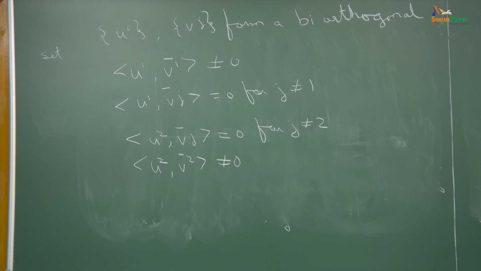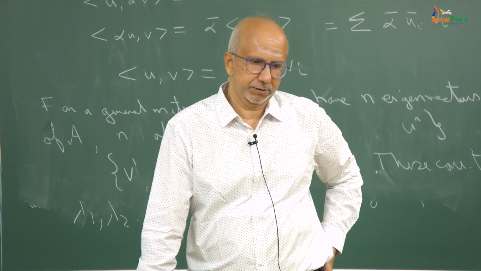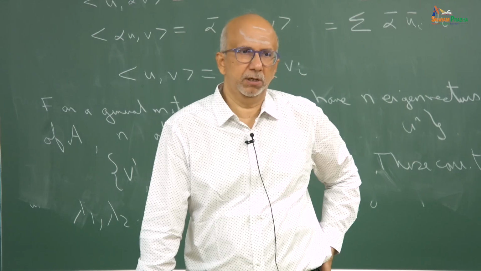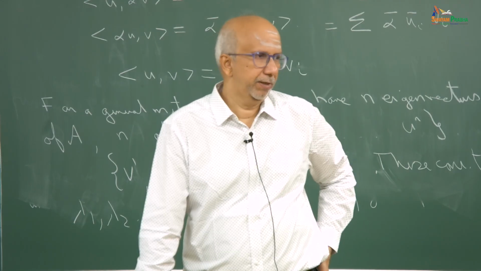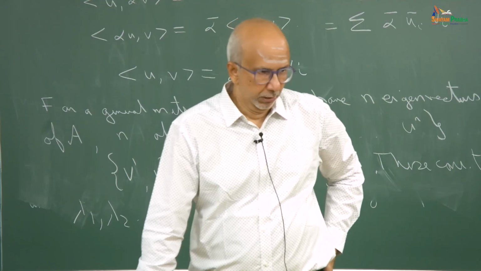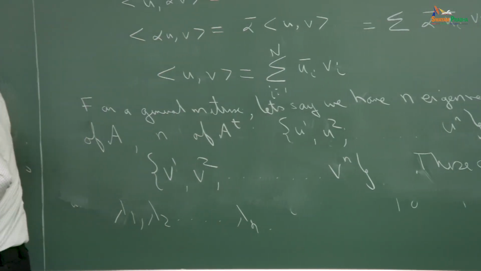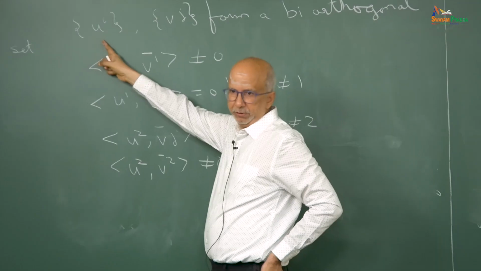So this bi-orthogonality property is useful for us for calculating the coefficients. If you have a basis which is orthogonal, we said we can calculate the coefficients by exploiting the orthogonality property, okay. But now A is not orthogonal because it's not self-adjoint.